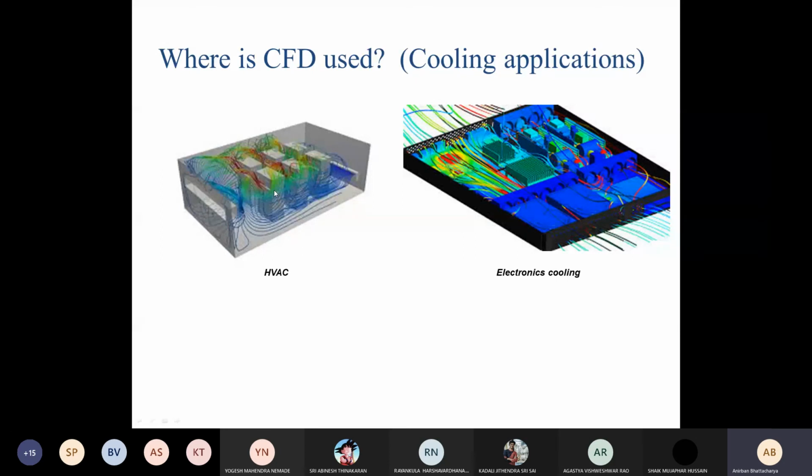For normal structures like our school buildings, there may not be sufficient budget to do CFD simulations, and most probably they will go with empirical correlations, because of lack of time and money, and it is also not fully required. But for data centers where the cooling requirement is very stringent, you have to go with full scale CFD simulations.